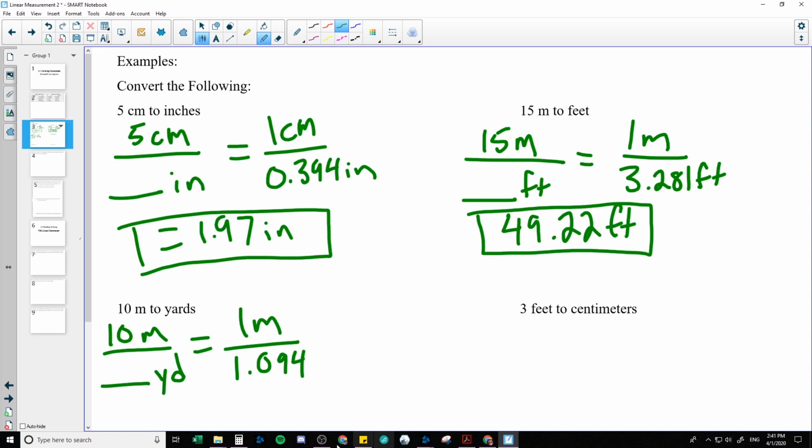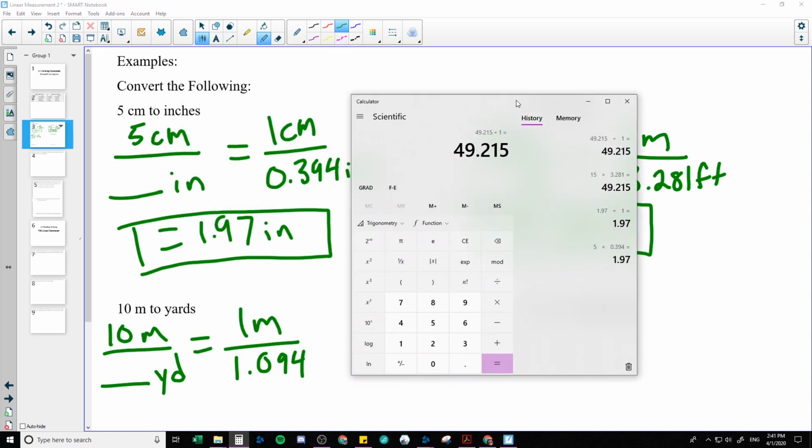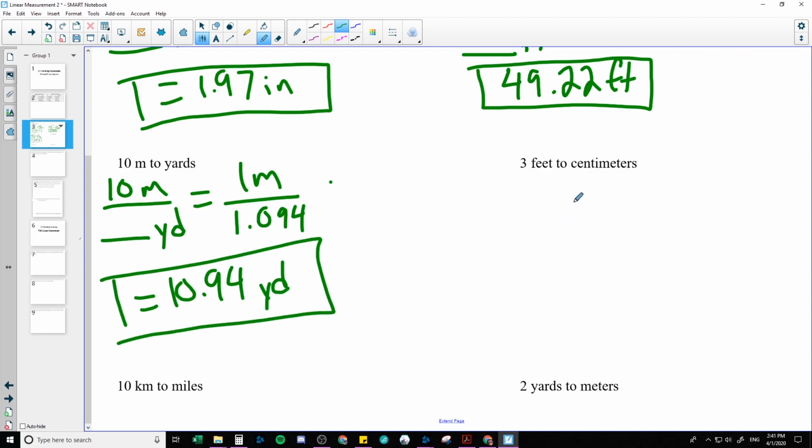And now we grab our calculator and we do our math again. 10 times 1.094 divided by the 1 that's left over, and we get 10.94. So this equals 10.94 yards. Got a few more examples here.